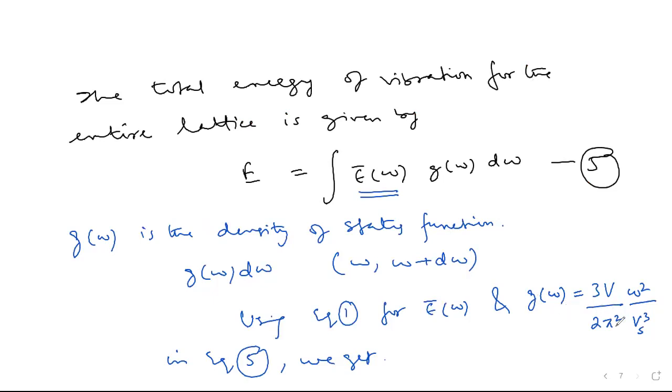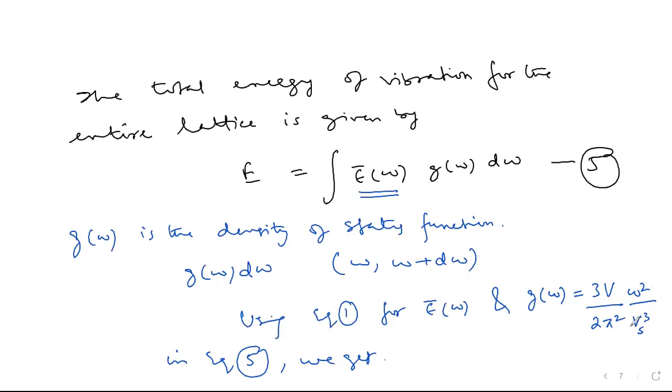It is 3V by 2 pi square omega square by Vs cube, where capital V is the volume of the sample, omega is angular frequency, Vs is the velocity of the wave through the material, velocity of sound.